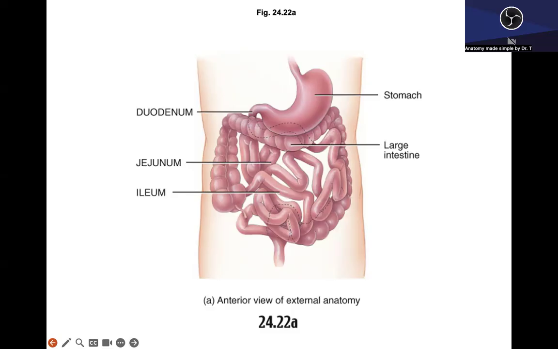The same S2, S3, S4 fibers are going to send motor signals back to the large intestine, basically to increase contraction of longitudinal rectal muscles, and that event is going to lead to the process of eliminating the fecal material, or defecation.